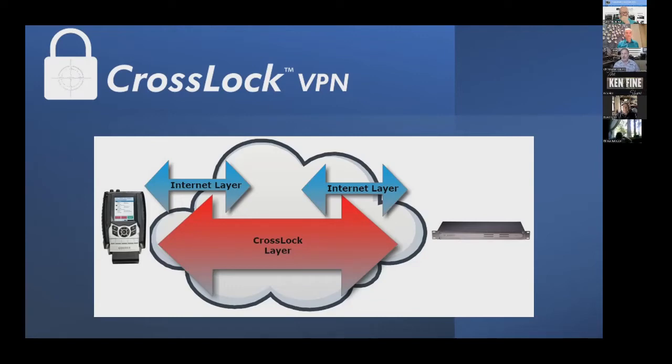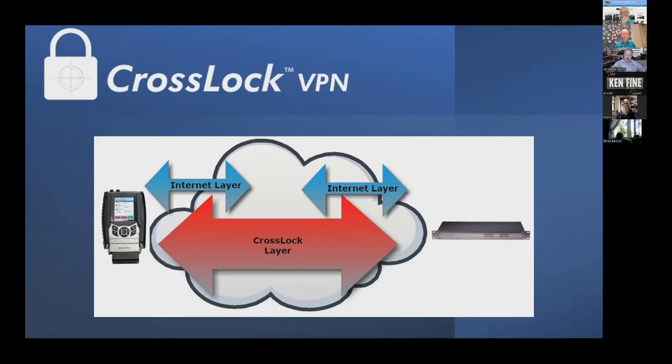But we took all of the great things that we had developed up until, I'd say, 2017, 2018, and we developed this thing called Crosslock VPN for our video product. Subsequently, we ported it back to our audio product. And it's a virtual private network that lives within the internet.